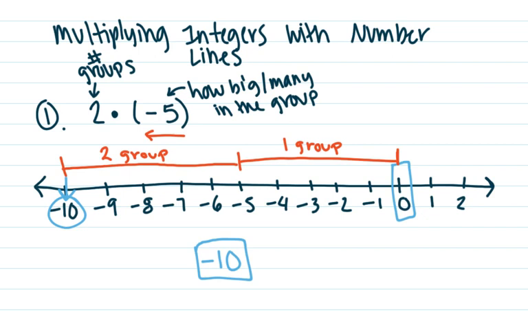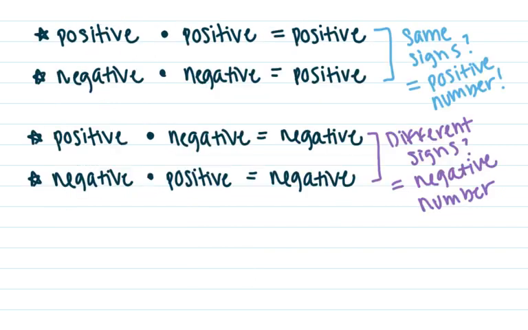Now, maybe you don't want to draw number lines. Maybe you don't want to draw circles or shapes or whatever. So let's talk about maybe some rules that you can use to apply to your math. If you have a positive times a positive or a negative times a negative, meaning that your numbers have the same signs, so for example, 3 times 8 is going to equal a positive 24.